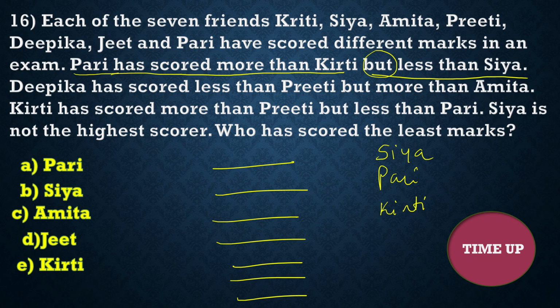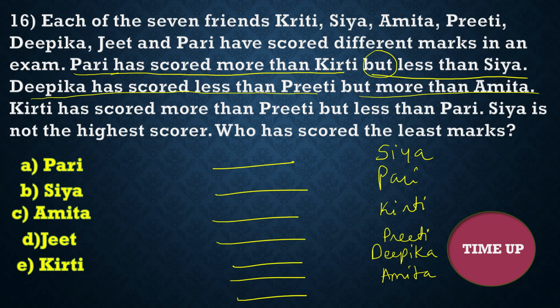Next, second thing you see. Deepika has scored less than Preeti, but more than Amita. Okay. Deepika has scored less than Preeti, so Preeti will come on top, but more than Amita, so Amita will be here.